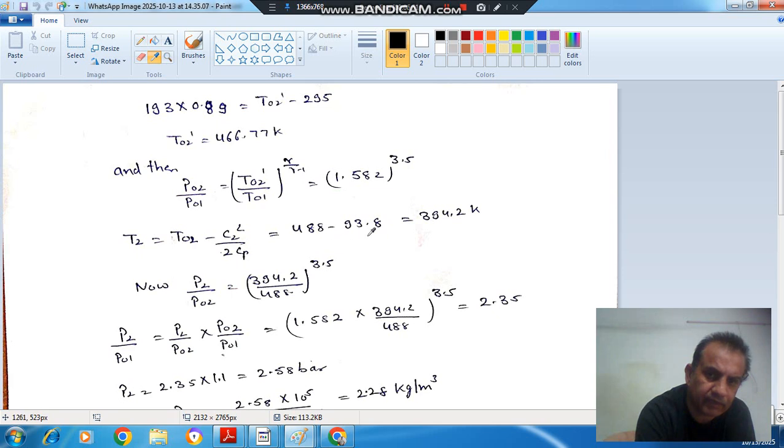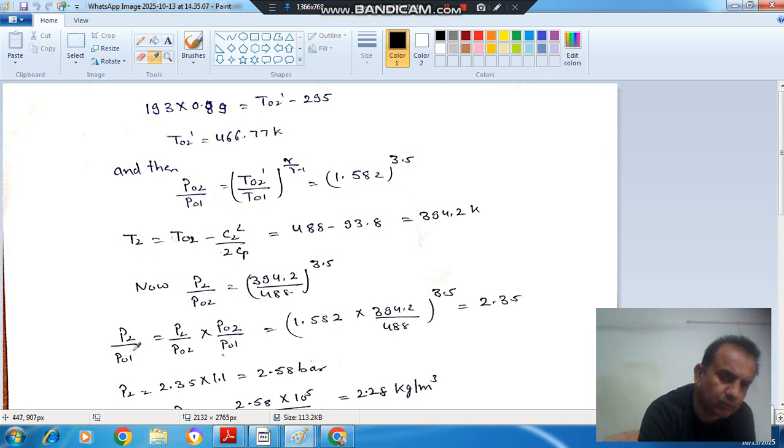394.2 Kelvin. Okay, from this we can calculate P2 by P02 by applying the isentropic relationship. P2 by P02 is equal to T2 by T02 raised to power gamma by gamma minus 1, and T2 is your 394.2 Kelvin, and T02 is your 488 that we have calculated. Okay, so from this we can calculate P2 by P01.